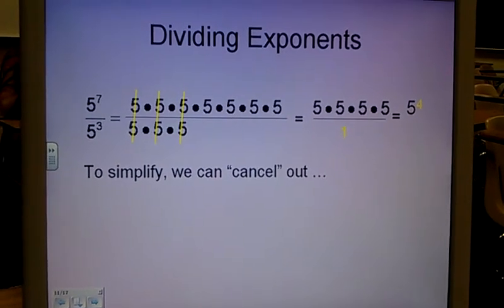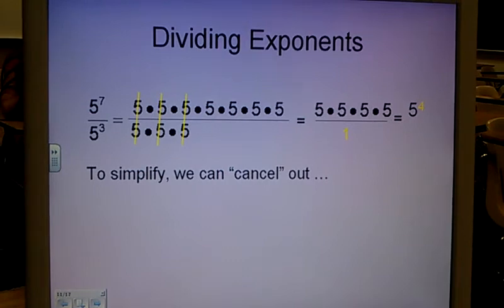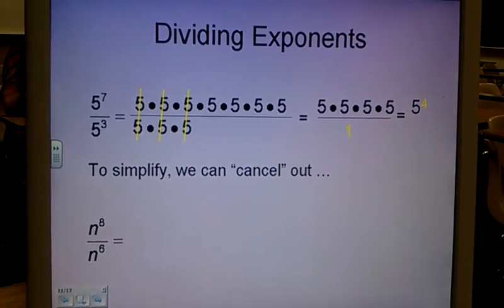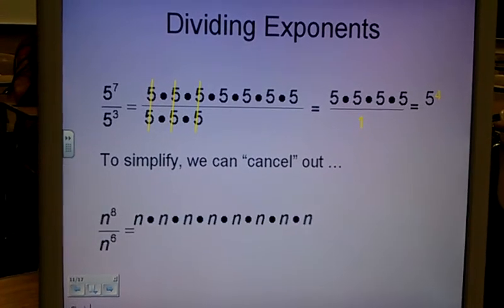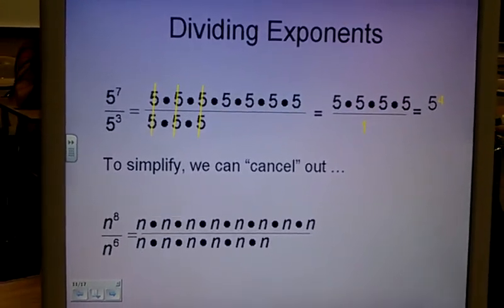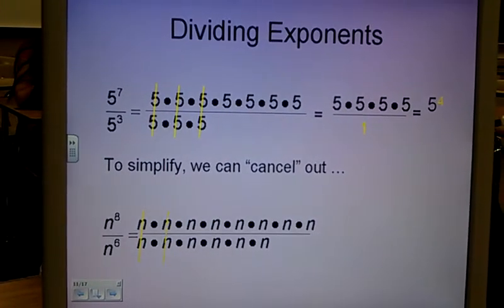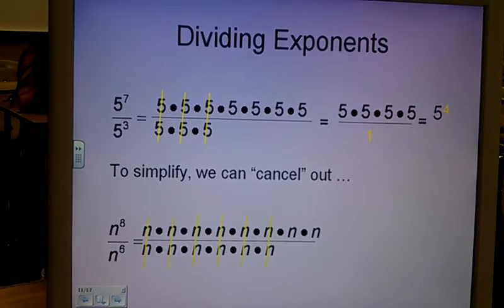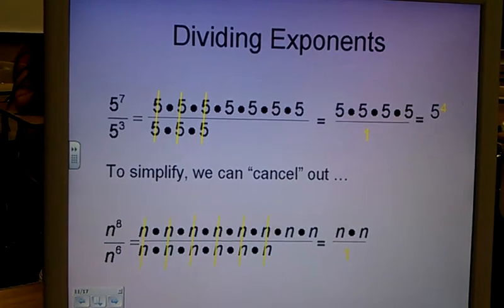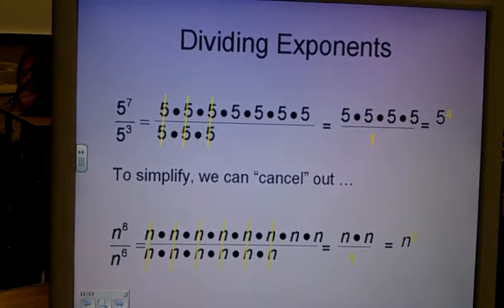The answer is 5 to the 4th power. Well, n to the 8th divided by n to the 6th, you have 8 n's on top, 6 on the bottom, and they cross each other out. And how many are you left with? You're left with n to the 2nd power.